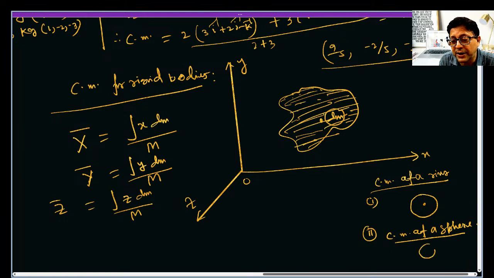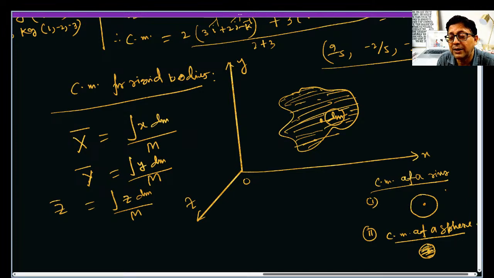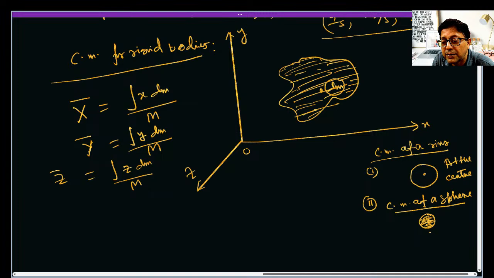Center of mass of a sphere will be at the geometric center. So center of mass of a ring at the center, center of mass of a sphere will be at the geometric center.